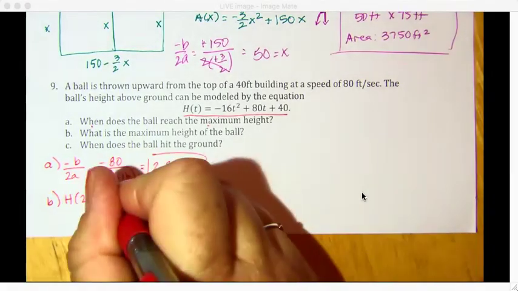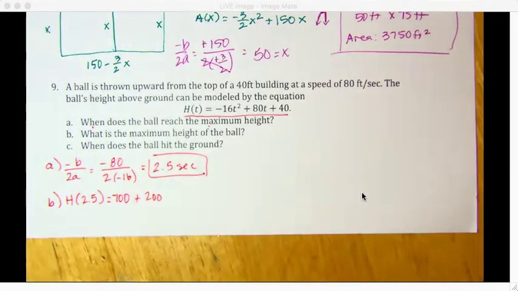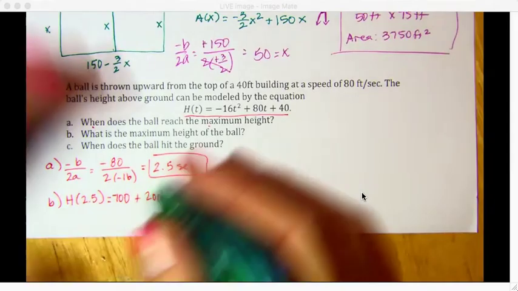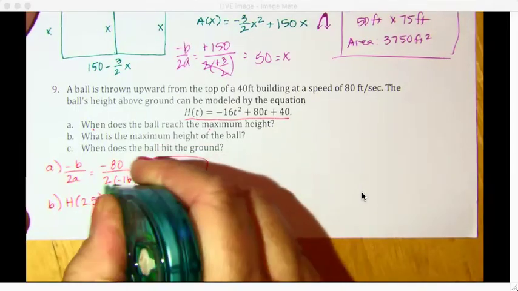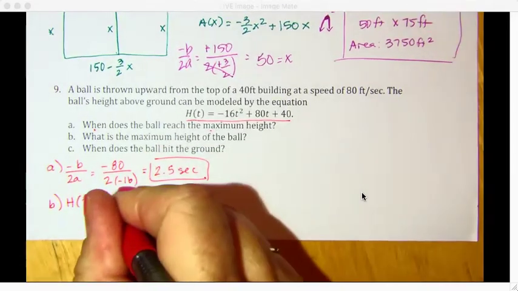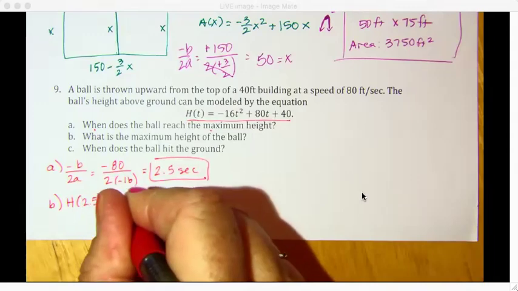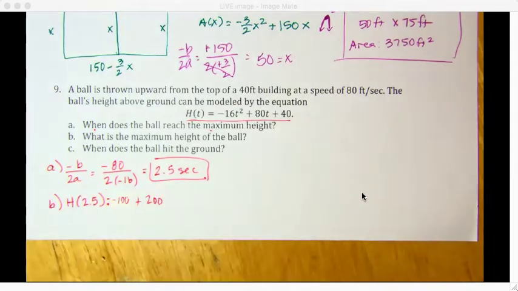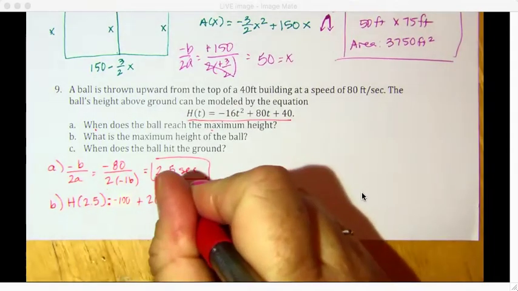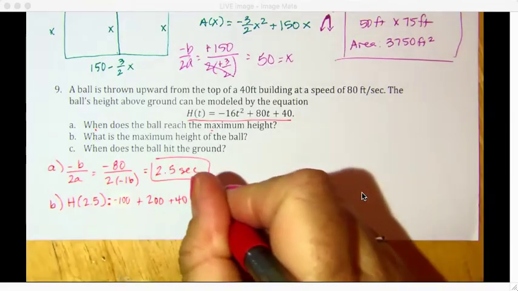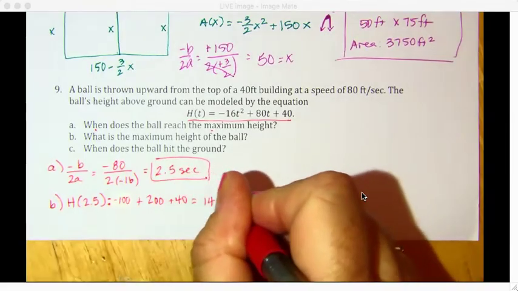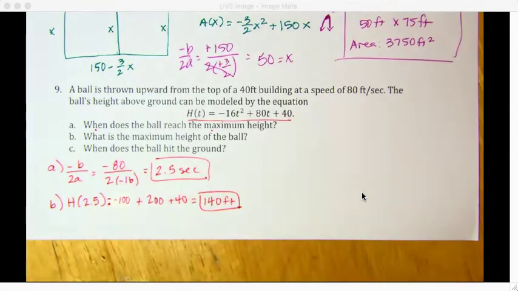And this is actually a negative 100. That looks like 700. Let me fix that. And then plus 40. So 140 feet is that maximum height.